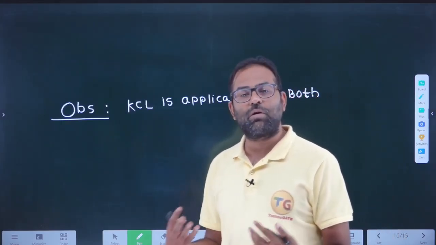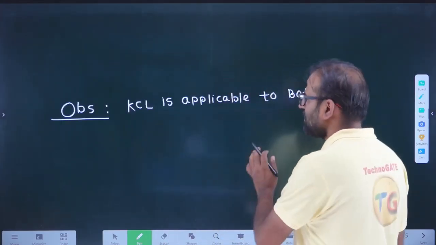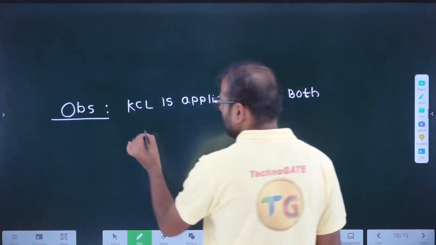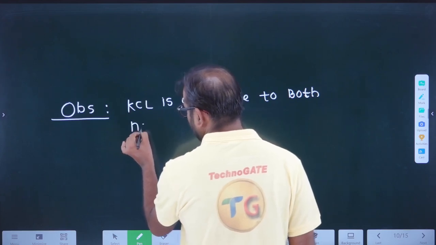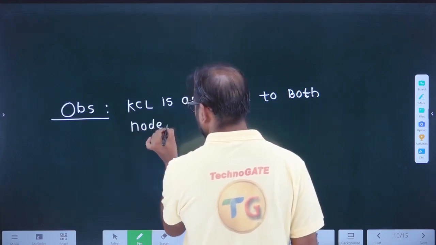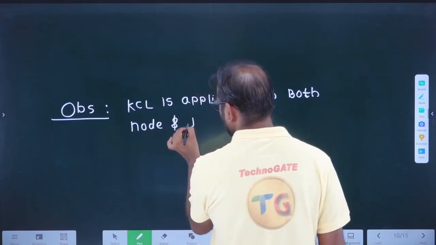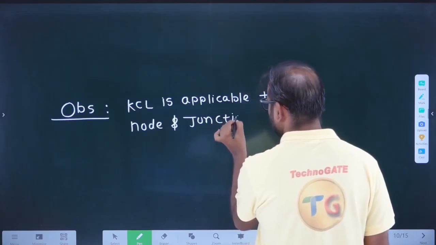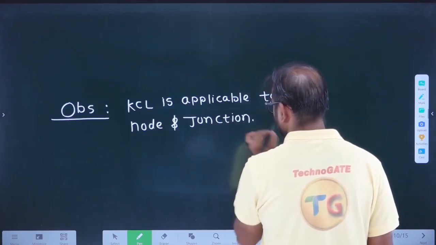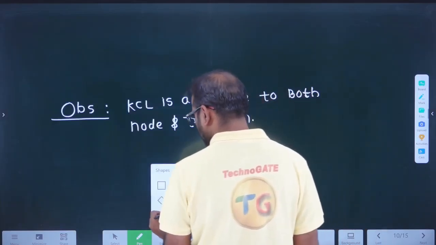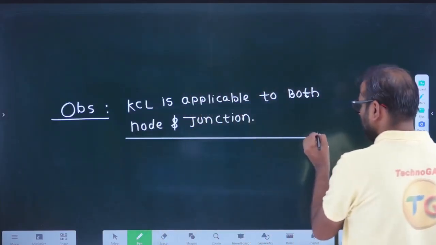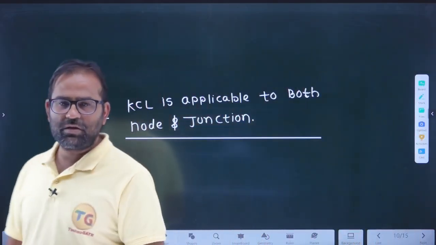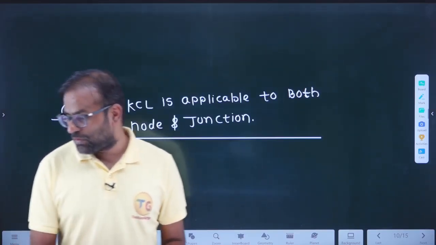KCL is applicable to all the nodes, but this is for your understanding. KCL is applicable to both, whether it is a node or a junction. So this is our first observation, that KCL is applicable to both node and junction.